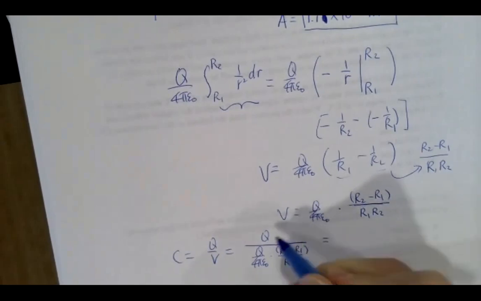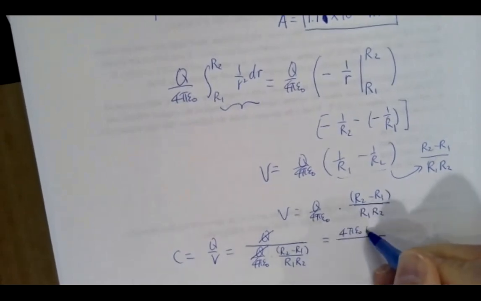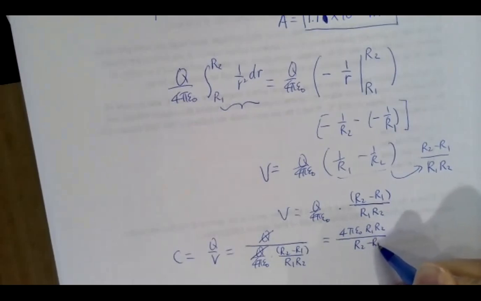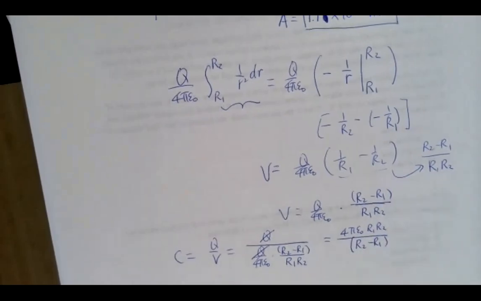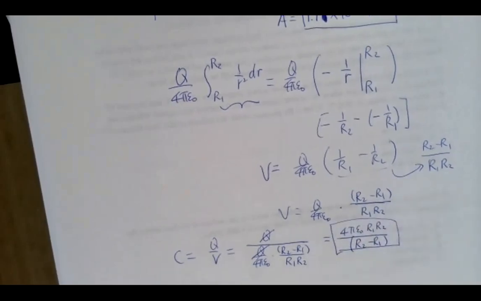Okay. So Q and Q will cancel out. 4 pi epsilon naught becomes numerator, and then R1 R2 also becomes numerator, over R2 minus R1, okay? So that will be your capacitance for such types of capacitor.